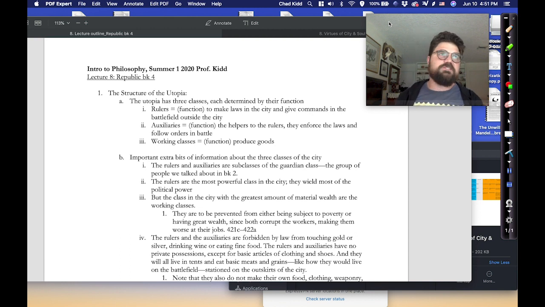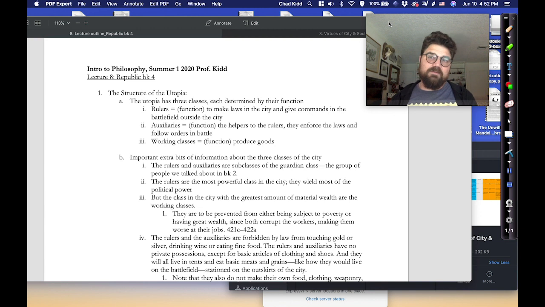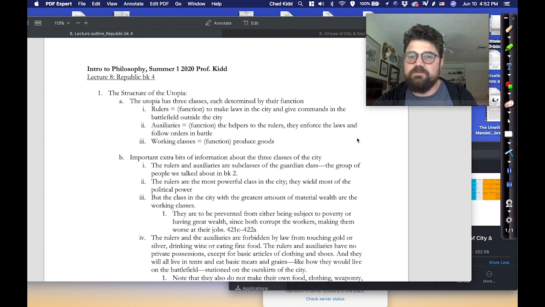There are certain objections that you will inevitably have if you think this through that information from Republic Book 3 will help assuage. Also, there's information from later books in the Republic, in particular Republic Book 5, that will also help answer some of these questions. So I'm going to draw on some of this in the first part of today's lecture.